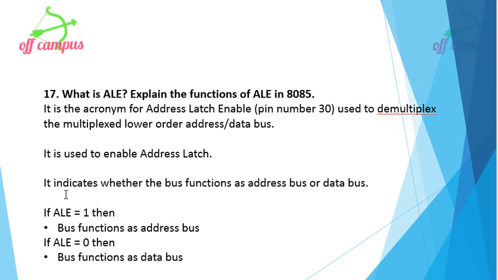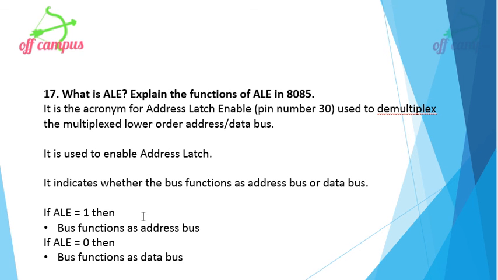In the name itself, it is used to enable the address latch. It indicates whether the bus functions as an address bus or a data bus. Previously we explained in the part 1 video what the address bus, data bus and control bus are; if you haven't seen that video, kindly check the playlist.